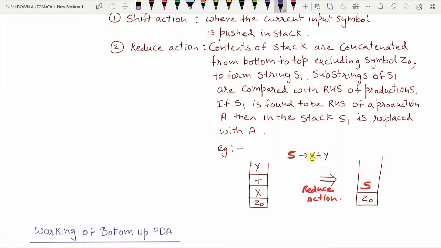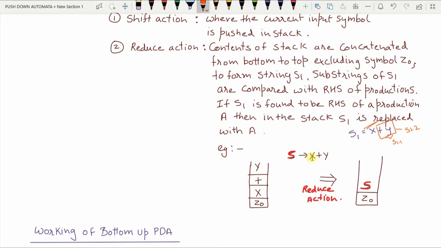So if I have s1 as x plus y, what are the substrings of this? A single y can be a substring, so this is substring 1.1. Then plus y together is another substring, so I can call this substring 1.2.